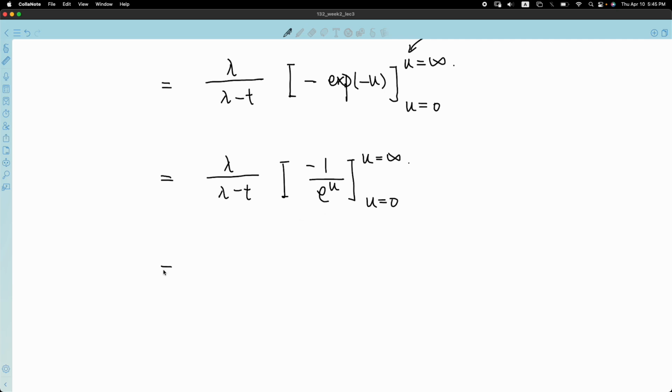Okay, so what is the result for the square bracket here? So when we plug in infinity into u, what does that equal to? When we plug in 0, what does that equal to? Sorry? -1, right? Okay, so don't forget this is minus a -1.